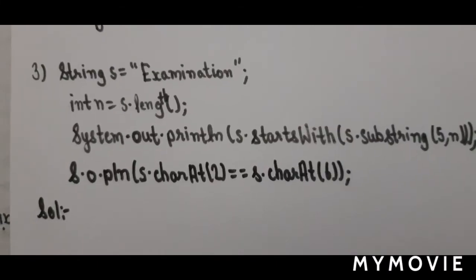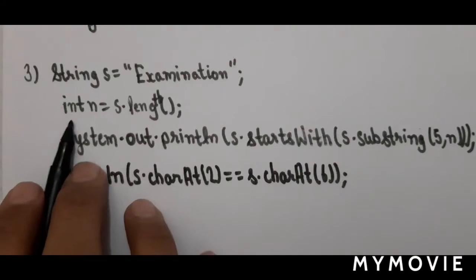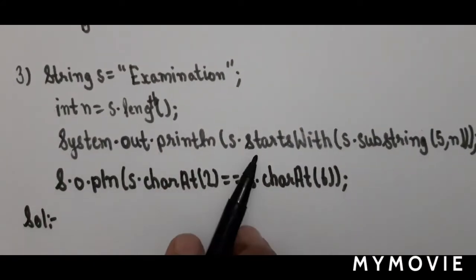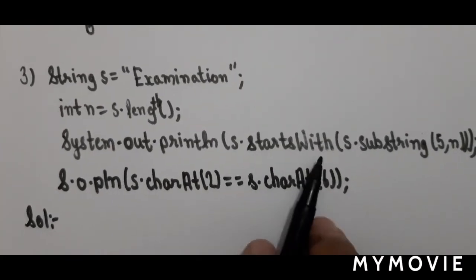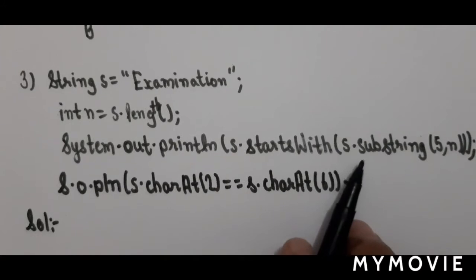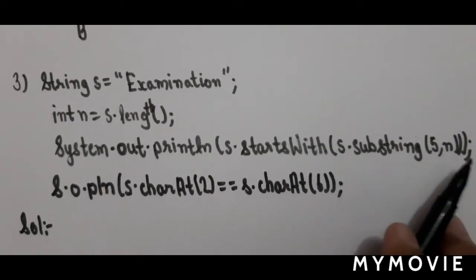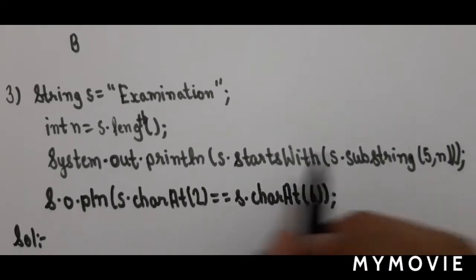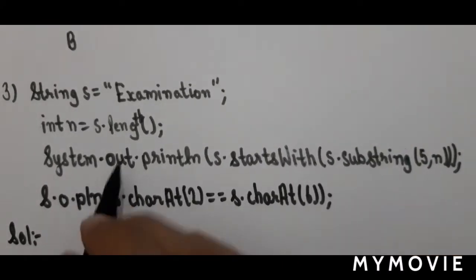Friends, our third question is: String s is equal to "examination" and int n is equal to s.length(). We should print System.out.println(s.startsWith(s.substring(5, n))). So we should check that. Let's check.